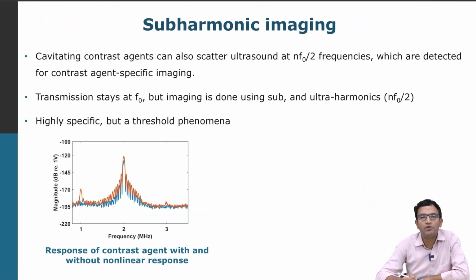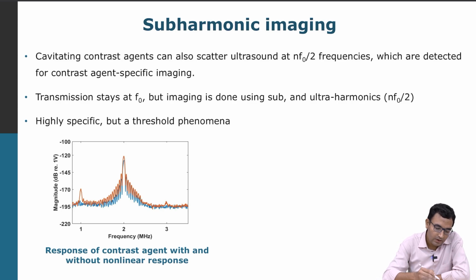So researchers have looked at another mode called the subharmonic imaging, in which you don't look at f0 frequency or 2f0 frequency, but f0 by 2 frequency. You preferentially isolate and visualize these subharmonic frequencies, and it turns out that subharmonic signal is not generated in tissue harmonic imaging, because the mechanism through which tissue harmonics are generated, primarily harmonics are generated and not subharmonics.